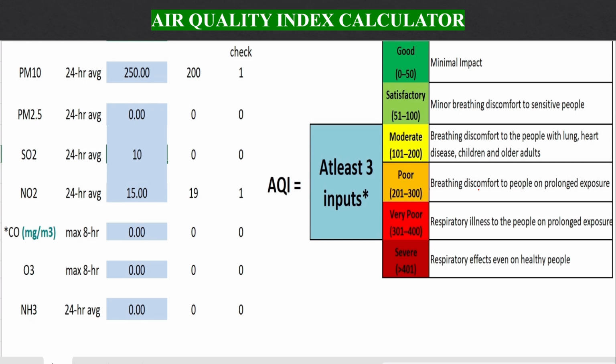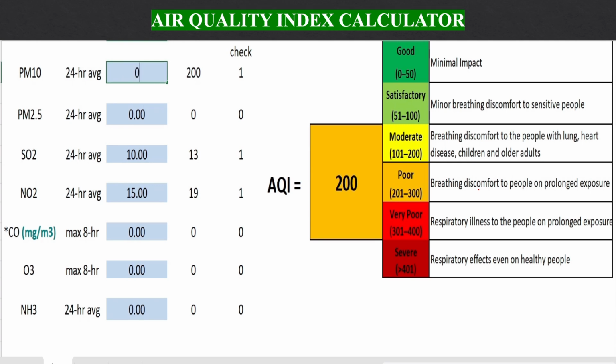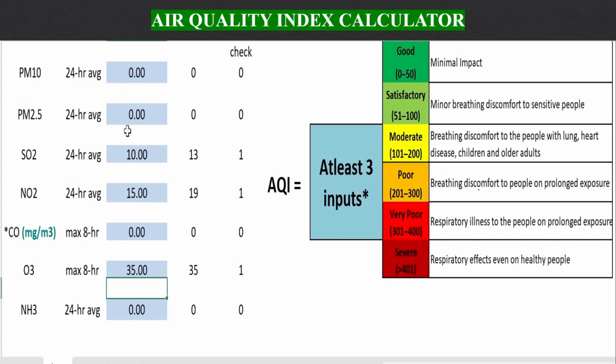If I put in another input, you can see the air quality index. But if I remove PM10 and put in ozone, at least 3 inputs are given but there is no result, because out of the 3 inputs, one should be PM10 or PM2.5.